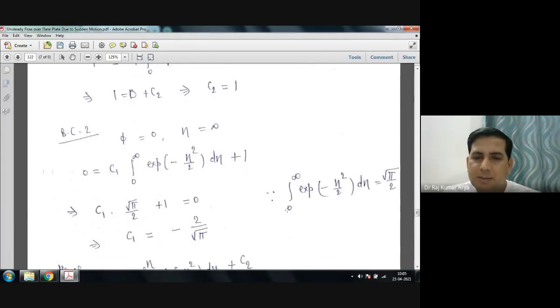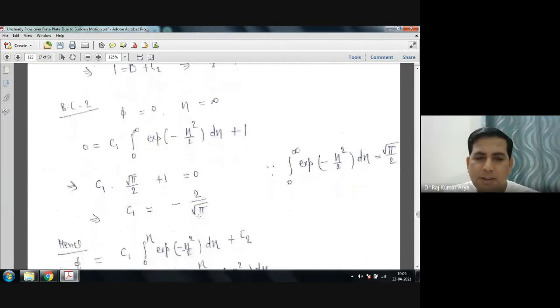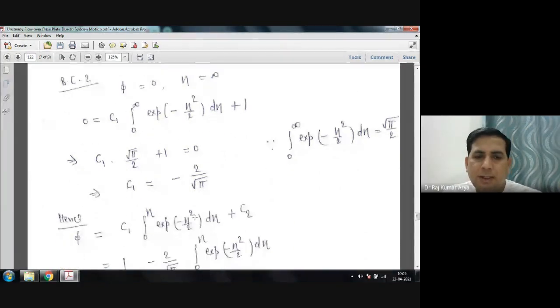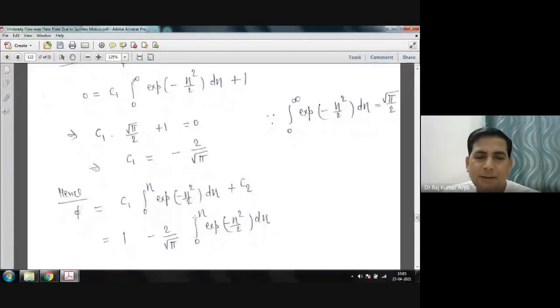So don't get confused with this. From mathematics, the integral 0 to infinity of exponential minus eta square by 2 comes to be under root pi by 2. So we are not doing it here. So you got the constant C1 equal to minus 2 upon root pi.